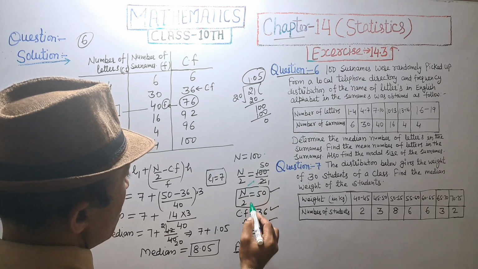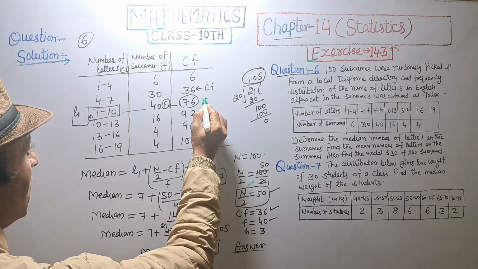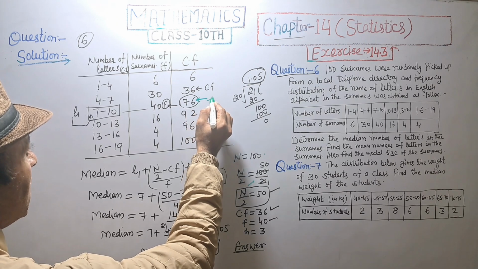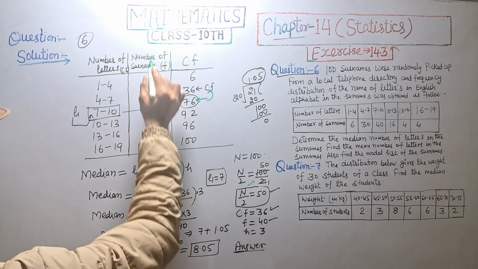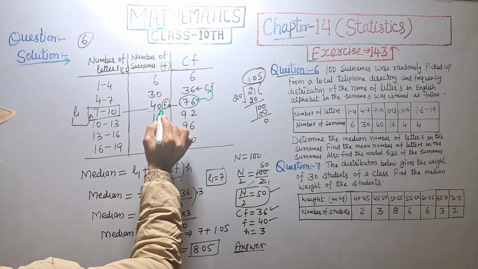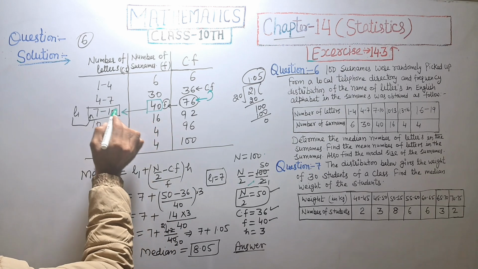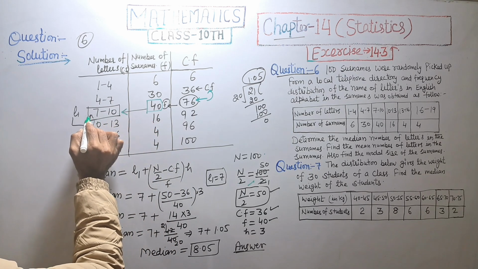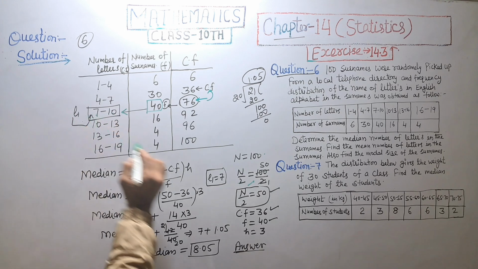So n by 2 is equal to 50, and 50 lies in cumulative frequency here. So CF is equal to 36, and in the same direction the frequency F is 40, and in the same direction in class interval, 7 to 10, L1 is equal to 7.